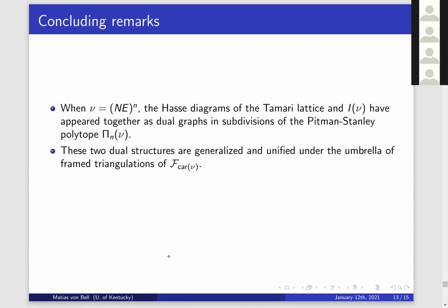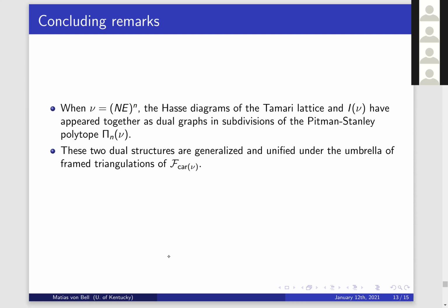So in our case, both of these dual structures can be not only generalized to arbitrary nu, but also they're unified under this umbrella of framed triangulations of this Nu-Caracol flow polytope.